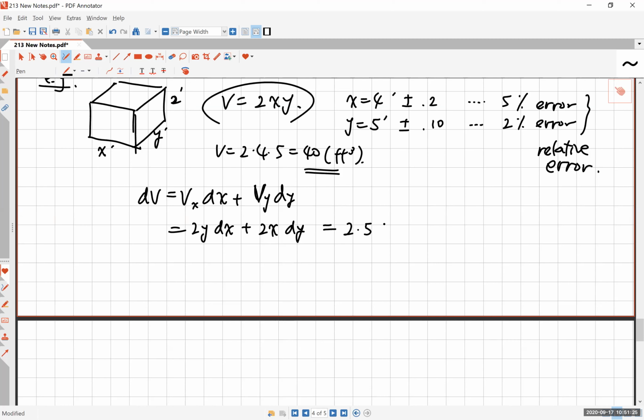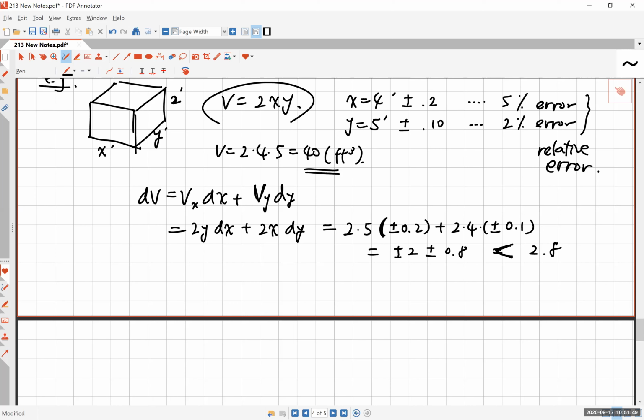Just like what we did before, this is plus or minus 0.2. And then plus 2 times x times plus or minus 0.1. Okay, so this becomes like 10, and so this is plus or minus 2, and then this is plus or minus 0.8, and so the maximum is 2.8.